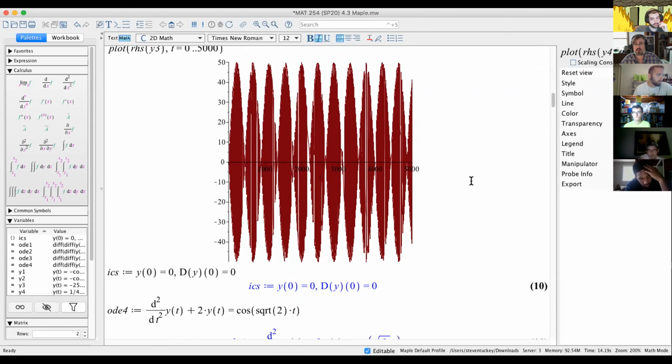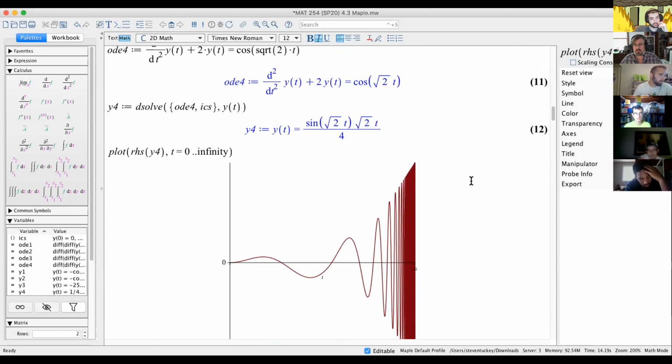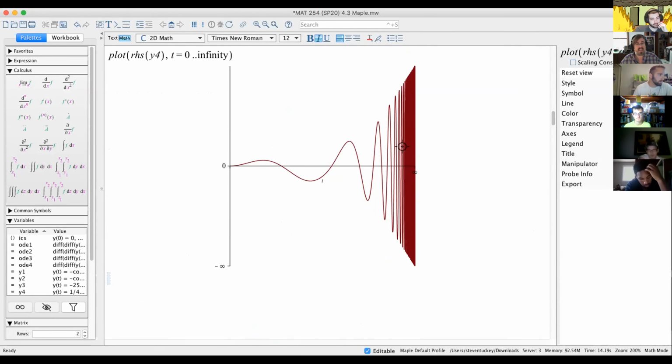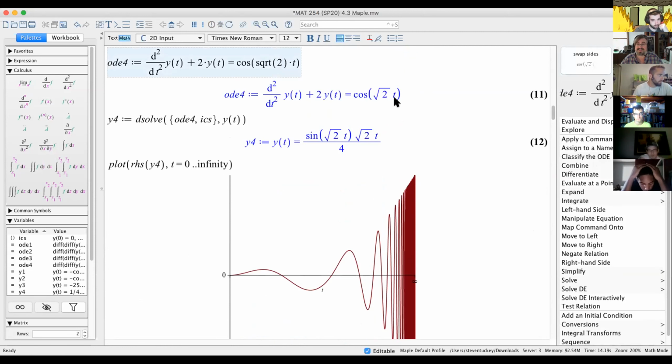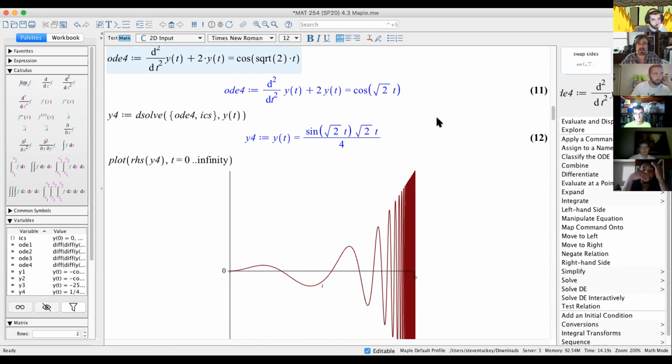As you get closer and closer, you wind up with something that heads towards an infinitely long beat period, because it just never comes back down. The amplitude just increases. This value doesn't have to be exactly equal to the square root of 2. It just has to be nearby, and it will break your harmonic oscillator, no matter what it is.